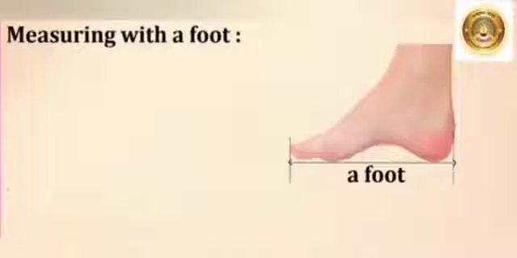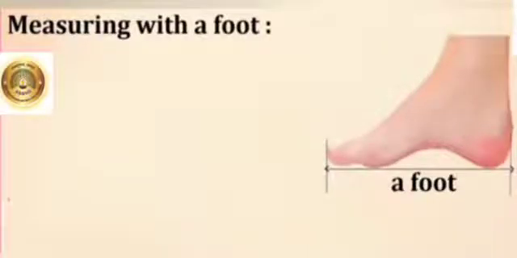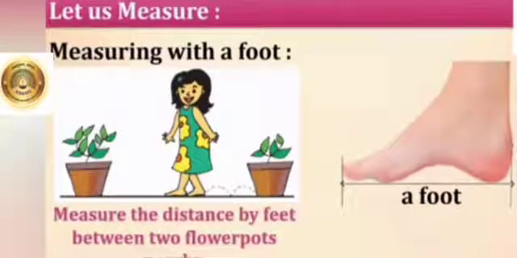Now let us see another part of the body used to measure length. That is foot, means measuring with a foot. Let us see one example. Children, you can see a girl standing between the two pots. But she is not only standing, she is measuring the distance between two flower pots.